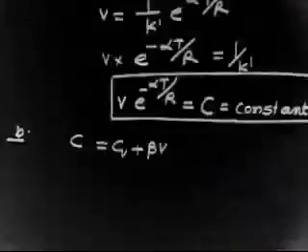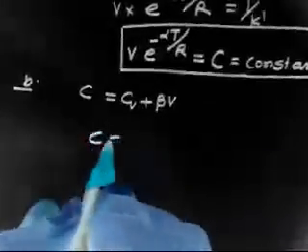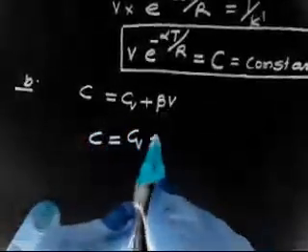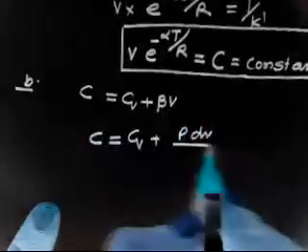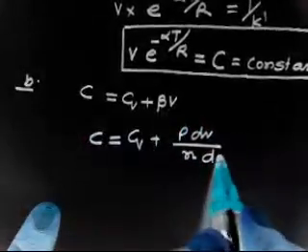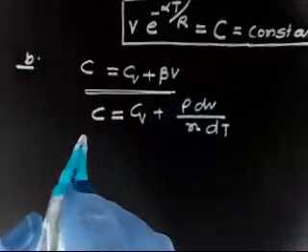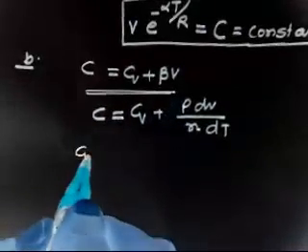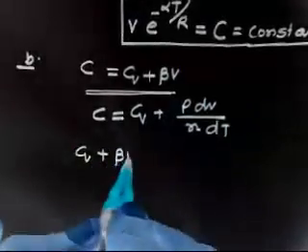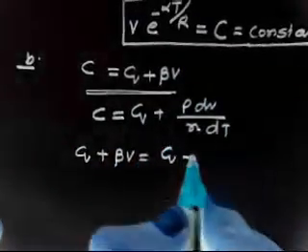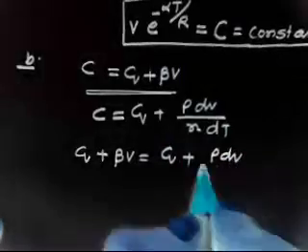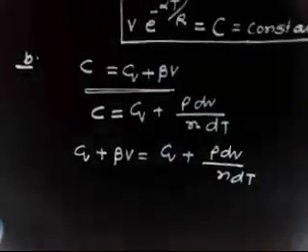I will use the same thing. Now equate the given C, Cv plus beta V, is equal to Cv plus PdV divided by n dt.